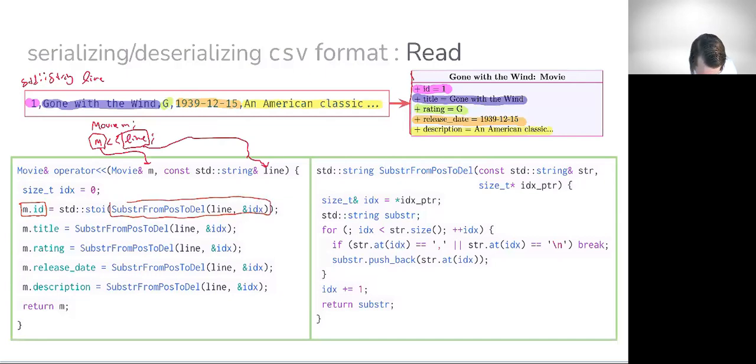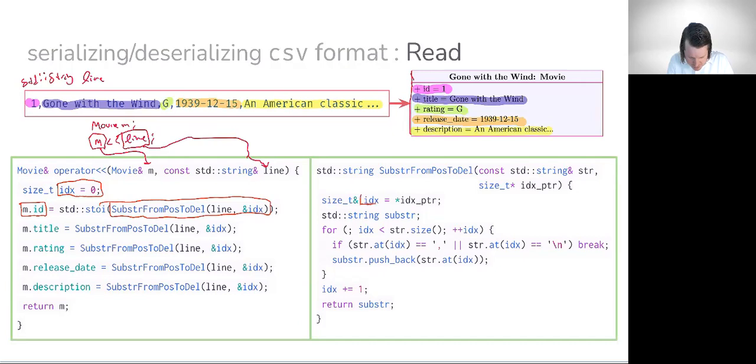I'm going to pass by constant reference the line to the file. I'm going to pass by address an integer object which stores which character I currently am on within this line. So each time this function returns, IDX is going to be updated to the current character that's under analysis. So let's see what happens when we invoke this function.